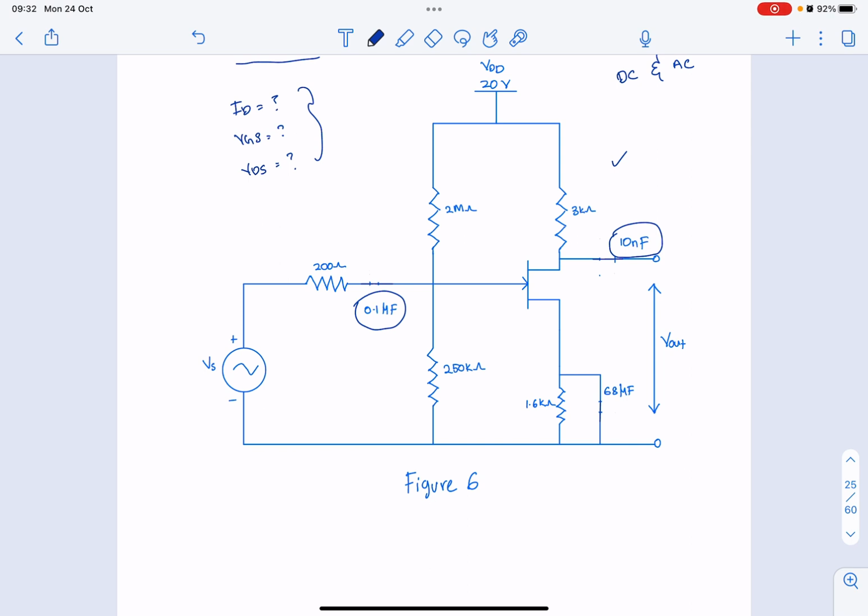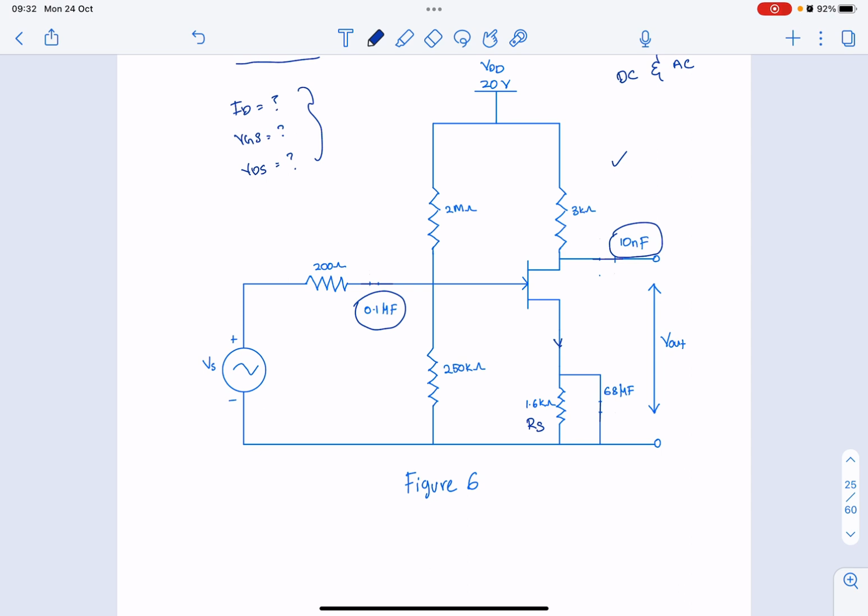The only concern you need to have is for this RS. Since the capacitor is a short circuit in AC analysis, this RS will also be shorted because of this capacitor. Current will flow to the lowest resistance possible.